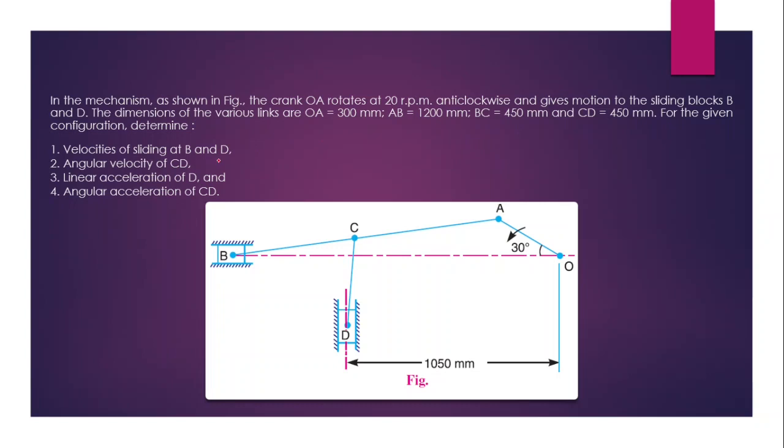For the given configuration, determine first the velocities of sliding at B and D, then the angular velocity of link CD, then the linear acceleration of D, the linear acceleration of this particular slider, and finally the angular acceleration alpha of link CD.